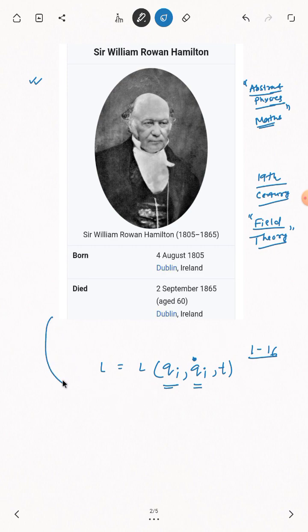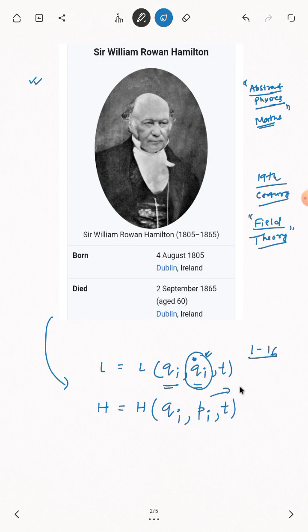Now, this man, Hamilton, produced a beautiful function H which is called Hamiltonian. Coordinate should be there, but he has made a change here. This is the point you should note very carefully. This Qi dot in the Hamiltonian system is replaced by Pi and t.